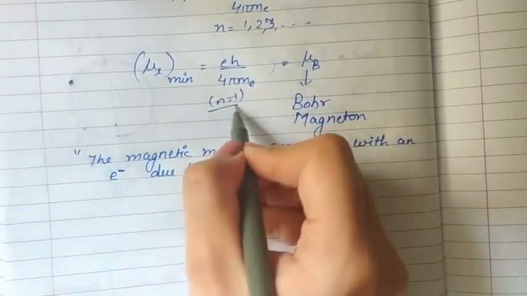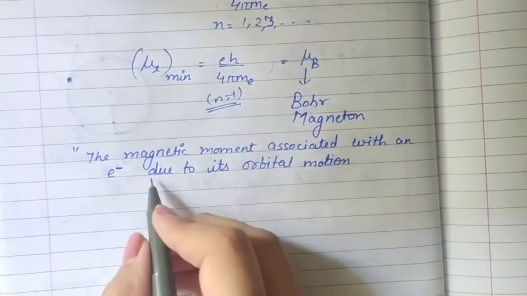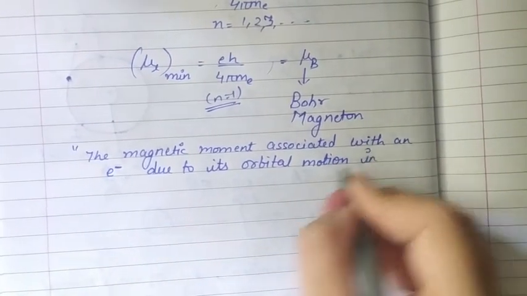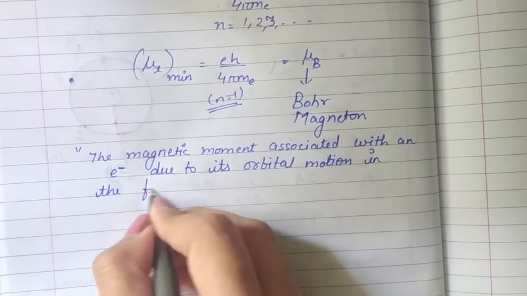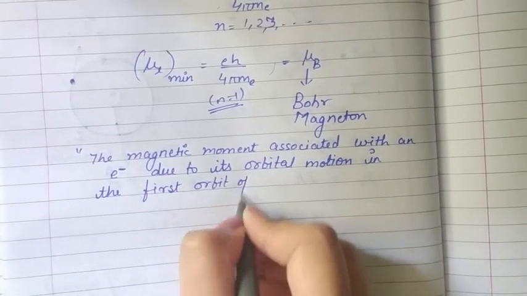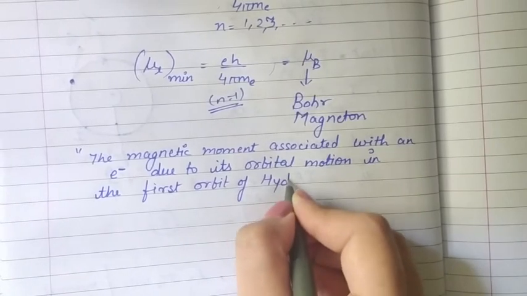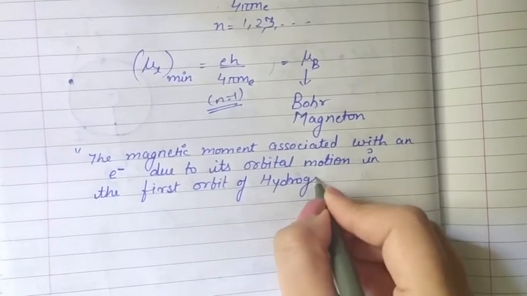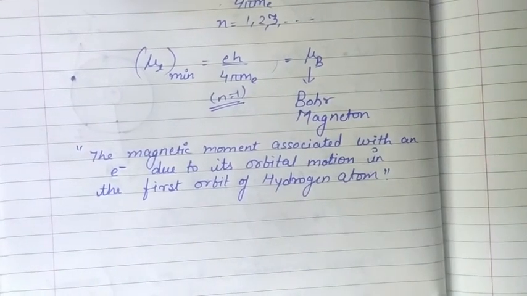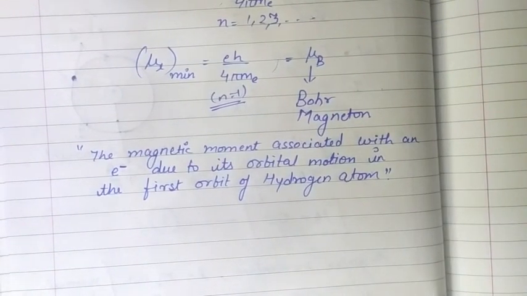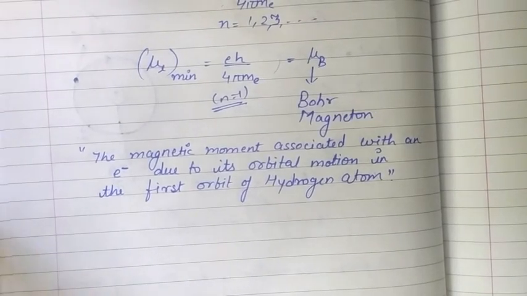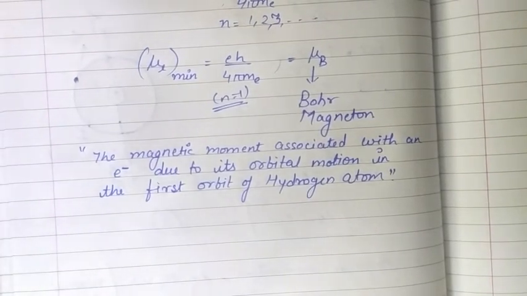So this is due to its orbital motion in the first orbit of hydrogen atom, because the Bohr theory that they proved is for hydrogen atom. So Bohr magneton can be defined as the magnetic moment associated with an electron due to its orbital motion in the first orbit of hydrogen atom.